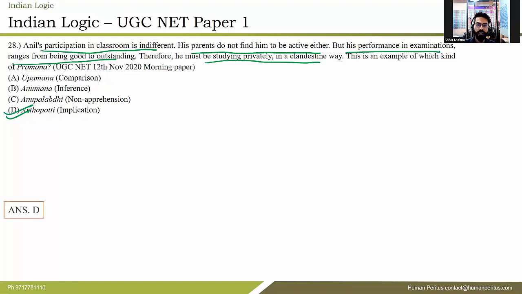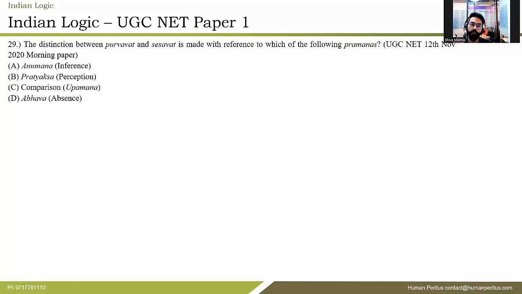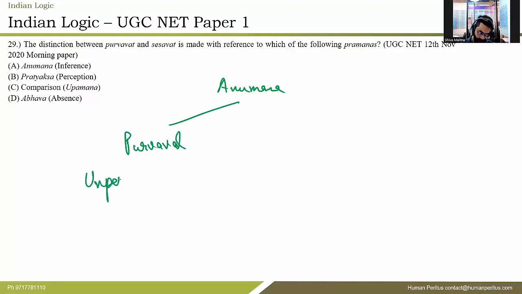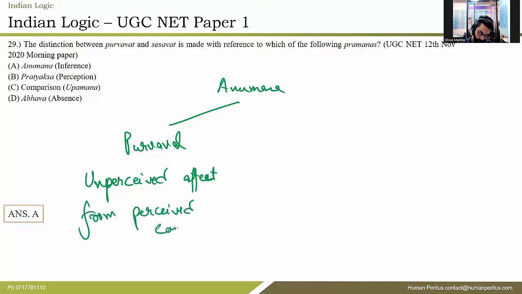Okay? The next question is, the distinction between Purvavat and Sesavat is made with reference to which of the following pramanas? Now, Purvavat and Sesavat are nothing but types of Anumana. Okay. Purvavat is inferring an unperceived effect from a perceived cause.